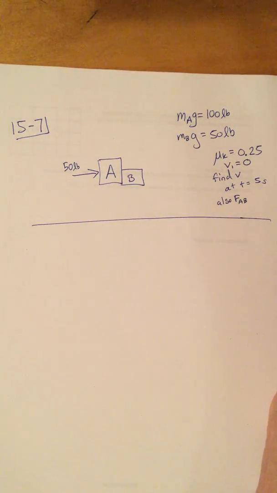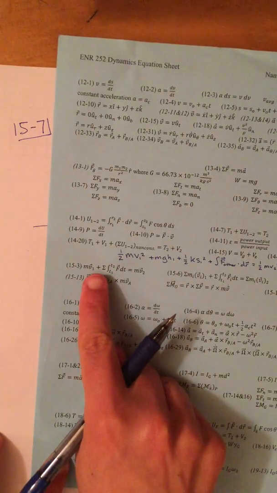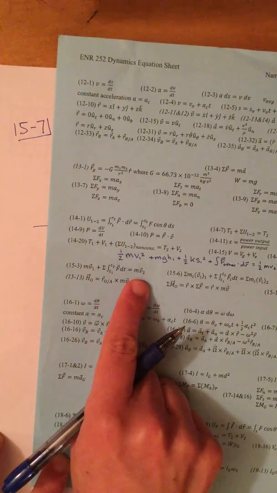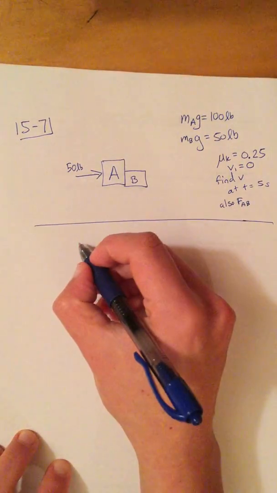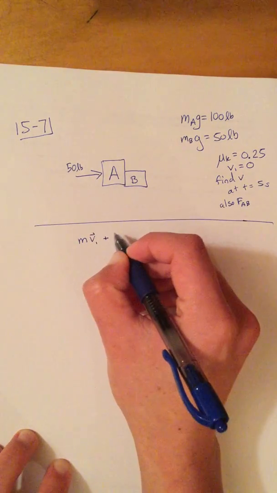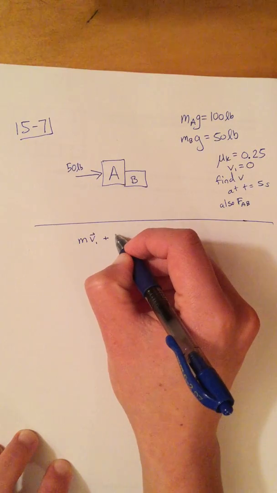This is chapter 15, so we should be using the impulse-momentum relationship, which is equation 15.3. This is the initial momentum plus the impulse is equal to the final momentum. This is a vector equation. We can use it in this problem just for the x components, since we're only looking at the horizontal motion here.